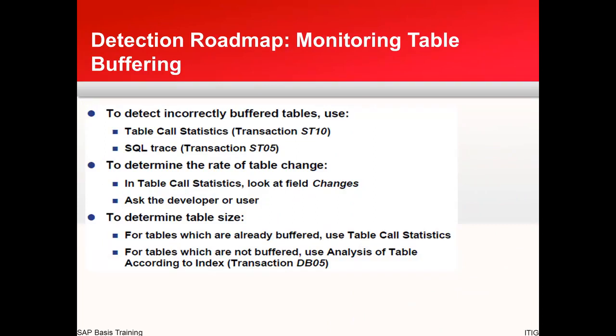To detect incorrectly buffered tables, we use transaction ST10, or we can use the SQL trace, that is ST05. To determine the rate of table change, basically look at field changes, ask the developer or user. To determine table size, for tables which are already buffered, see table call statistics. For tables which are not buffered, use analysis of table according to index DB05.